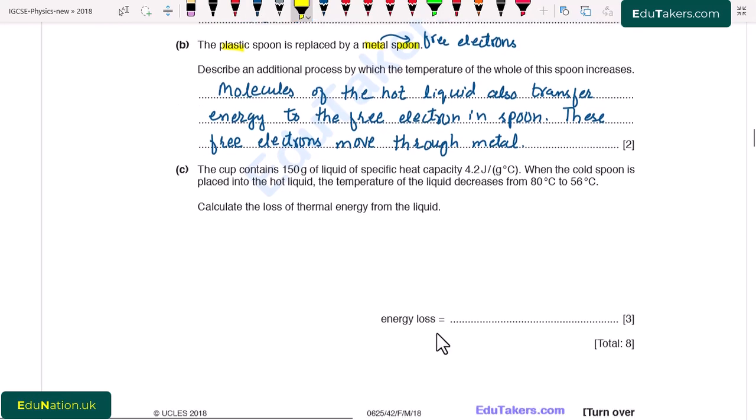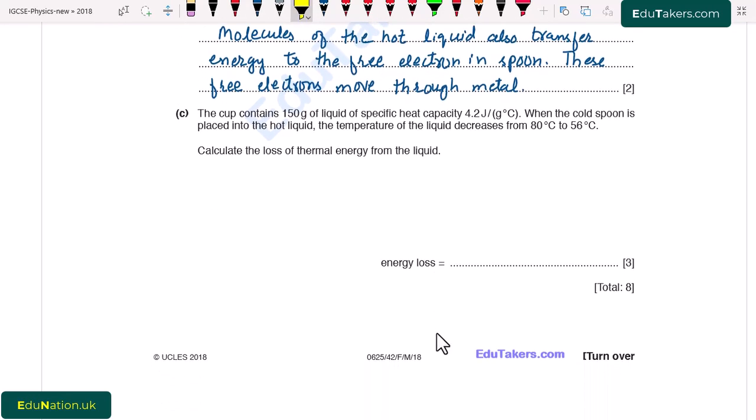Part C. The cup contains 150 gram of liquid of specific heat capacity 4.2 joule per gram per degree C. When the cooled spoon is placed into the hot liquid, the temperature of the liquid decreases from 81 degrees C to 56 degrees C. So here is the decrease in temperature.